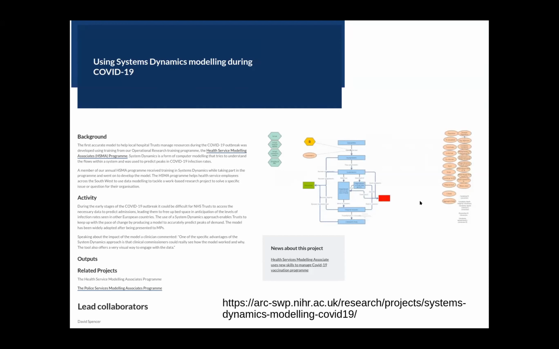This is a great story about one of our previous HSMAs who did some great work right at the start of the COVID pandemic using system dynamics modeling to basically work out what the bed requirements would be over time in Devon, to get a handle on what the dynamics of what was happening in terms of the pandemic would mean in terms of the bed levels, and it helped them pre-plan and avoid a kind of disaster in terms of just being completely short of beds at the time they needed it most, and they were able to pre-plan when they needed that resource.